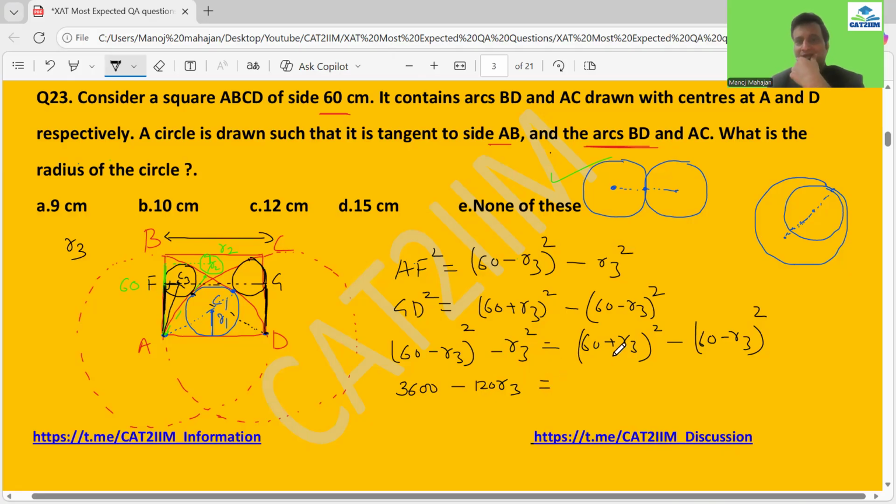And on the right side, using the A square minus B square concept, A plus B into A minus B, what do I get is 120 into 2R3. So finally, 240, 120, that is 360 R3 is equal to 3600. So you can calculate now, which is 10. So the correct answer to the problem is 10.